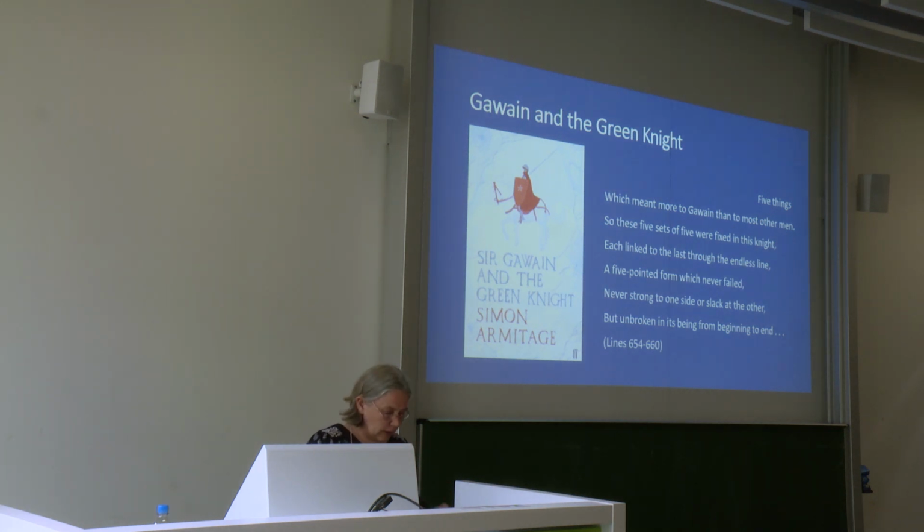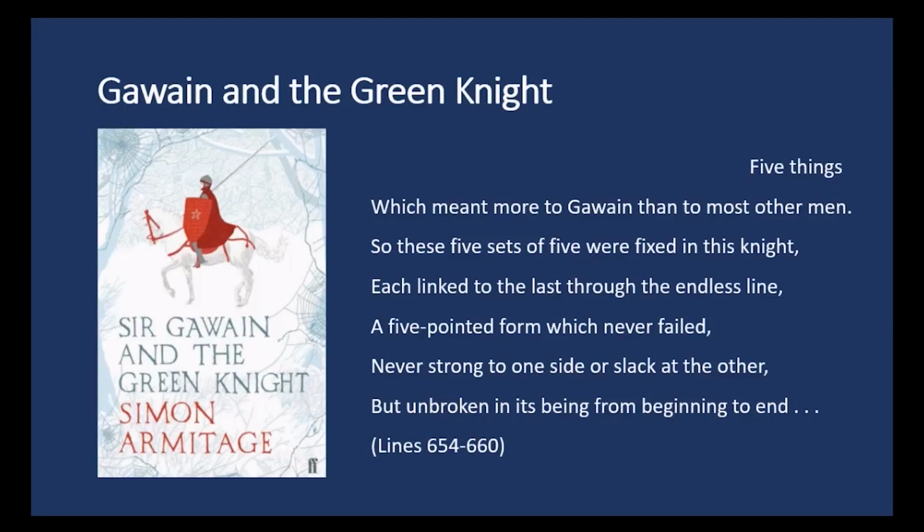He's a model of exactness, balance, and perfection, and this determines his whole behavior and his internalized standards of chivalry. This sense of perfection is explicitly symbolized in the poem on his shield, which you can see here, by the symbol of the pentangle.